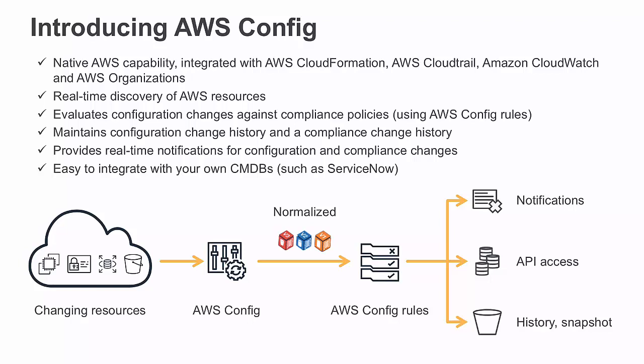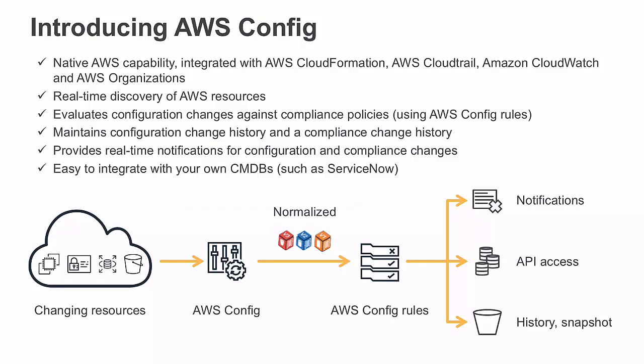It also performs the configuration compliance function by allowing you to define policies using config rules and then evaluating your resources against those rules, either periodically or every time a configuration change occurs. It alerts you in real time about configuration and compliance changes so that you can take corrective action.